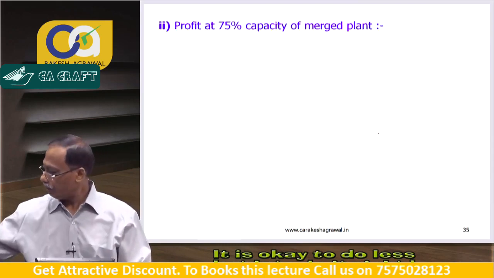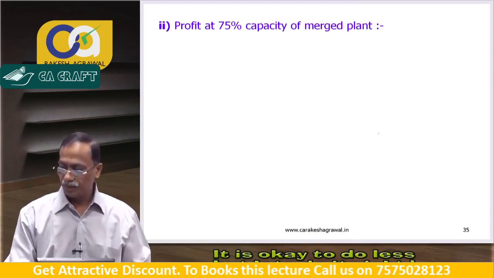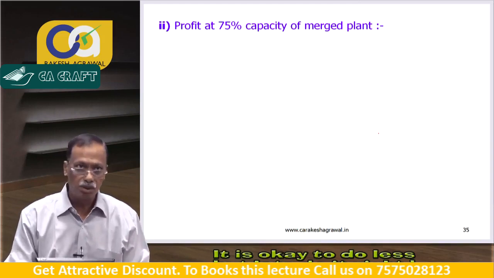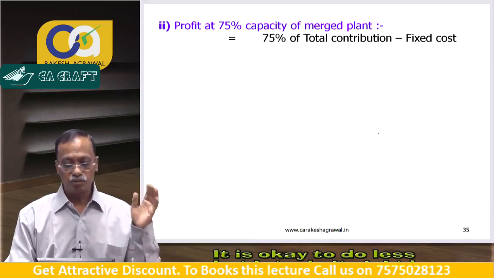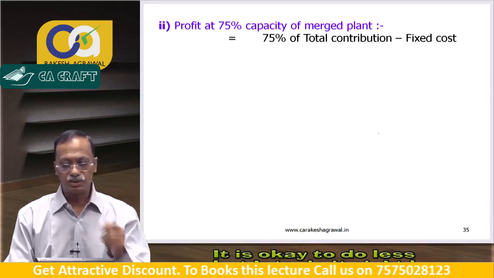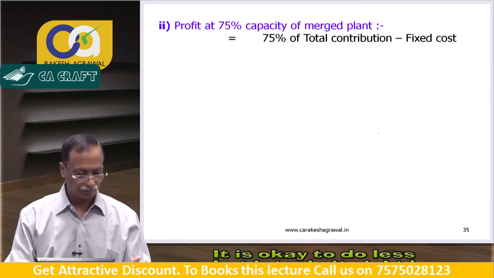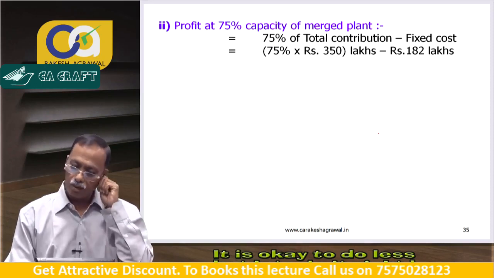Number 2. Profit at 75% capacity of the merged plant is equal to 75% of total contribution minus fixed cost, which is equal to 75% into 350 lakhs minus 182 lakhs.